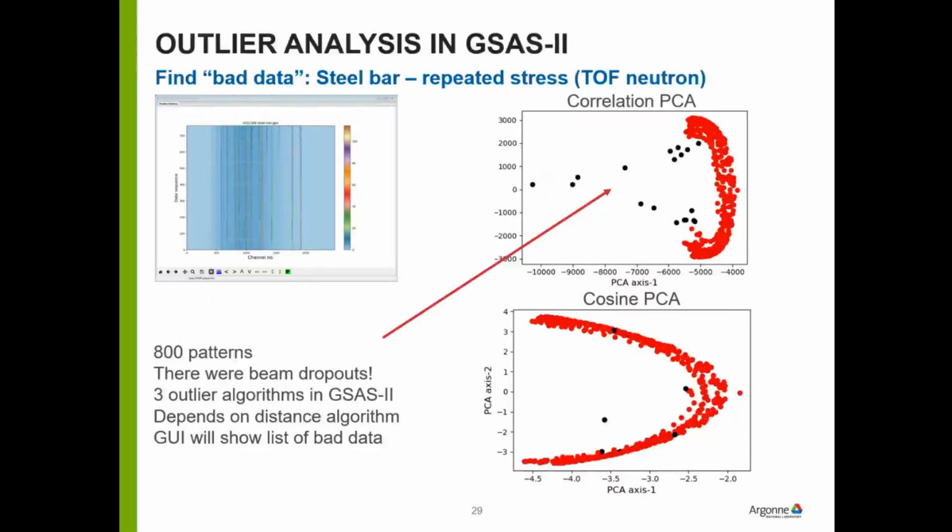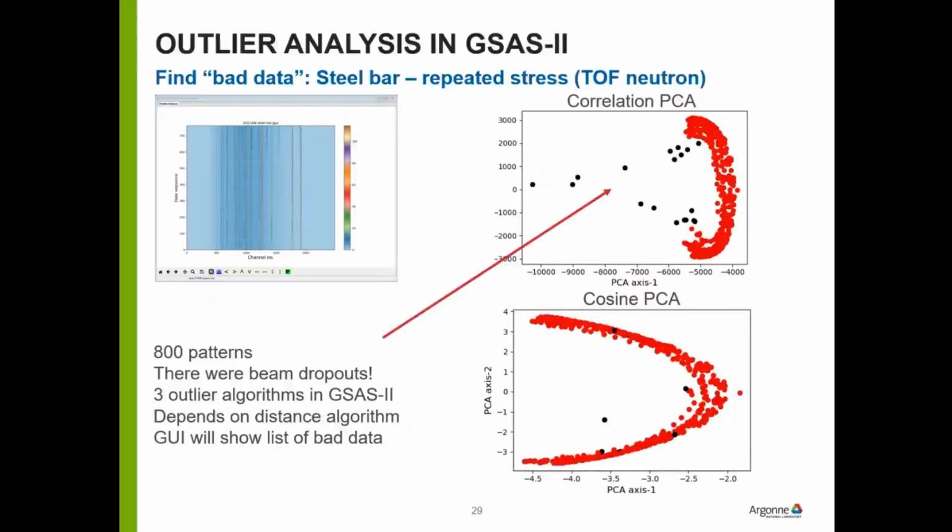Okay, last thing is what happens if you got bad data? Well, there is a measurement that I sometimes show, which is 800 powder patterns of a steel bar collected at Lance, I think it was, at the neutron source, in which they stretched and contracted the steel bar about a dozen times.